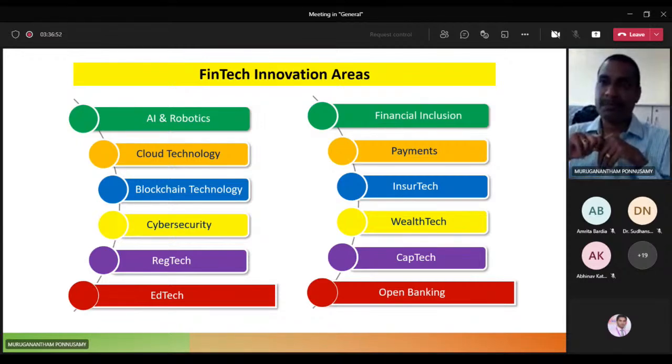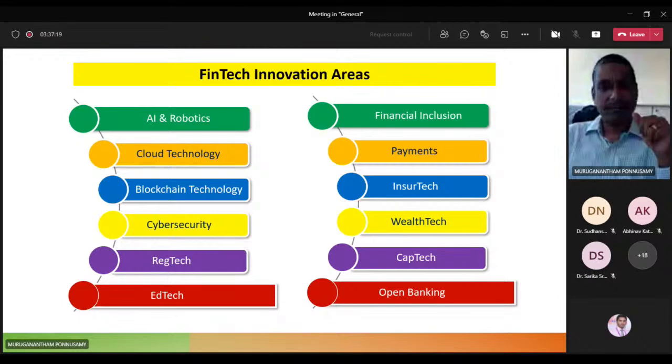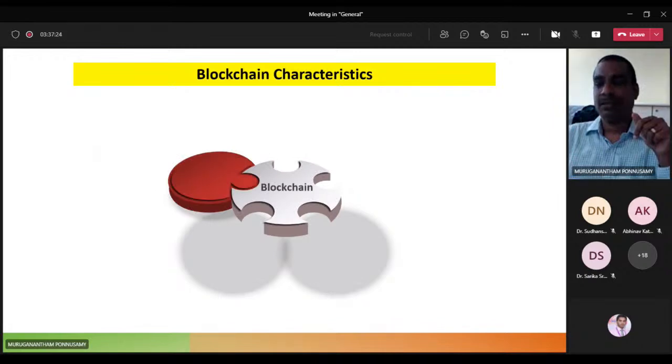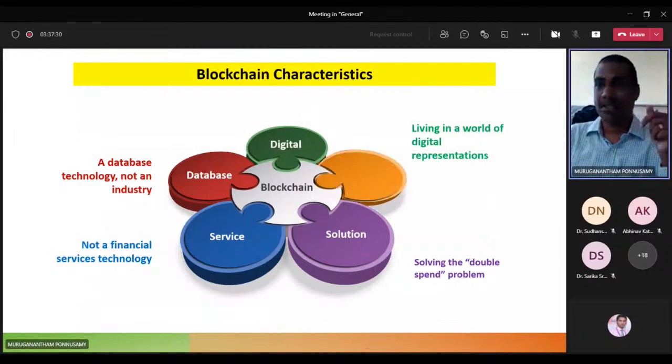So RegTech is facilitating the delivery of regulatory requirements, because it's a complex regulatory environment everywhere, and of course it keeps changing from time to time. So think of these things and choose appropriately for your forthcoming actions or research.